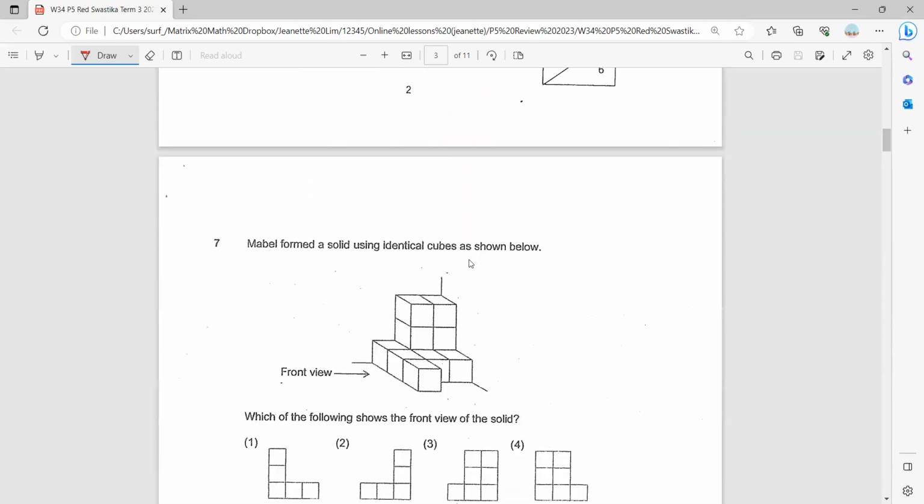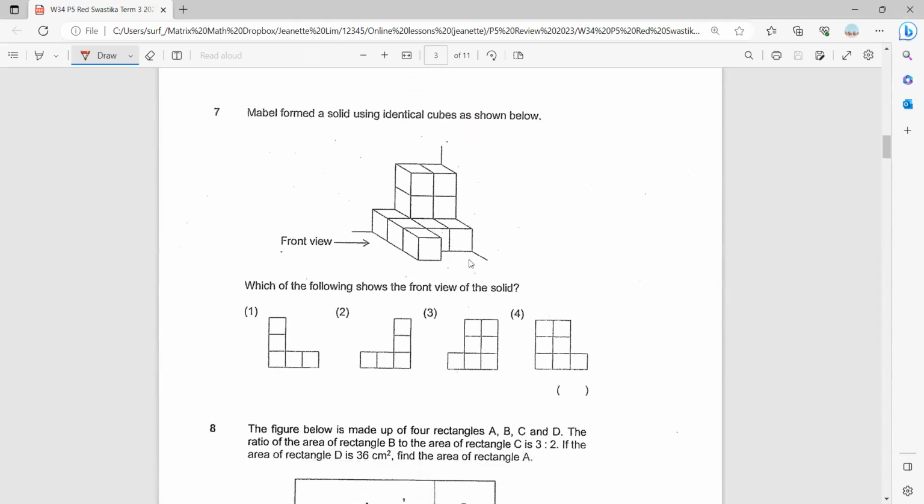Okay, next, question 7. Mabel formed a solid using identical cubes as shown. So which of the following shows the front view of the solid? So this is the front view from this side. I know the bottom has 3. Okay, everything has 3. Then above the first one on the left, there's 2.